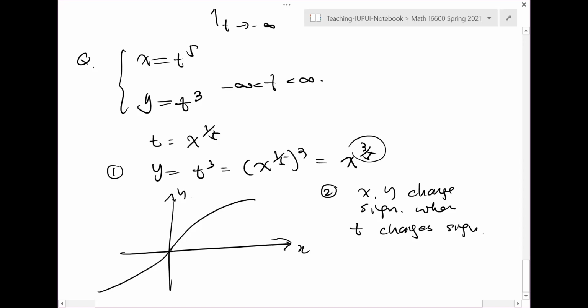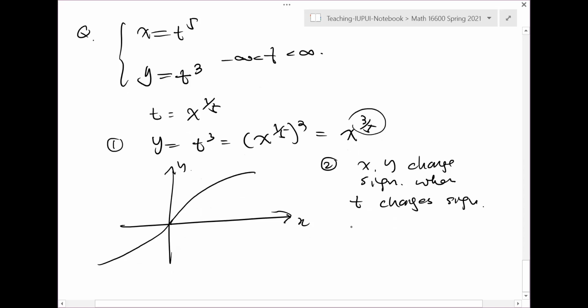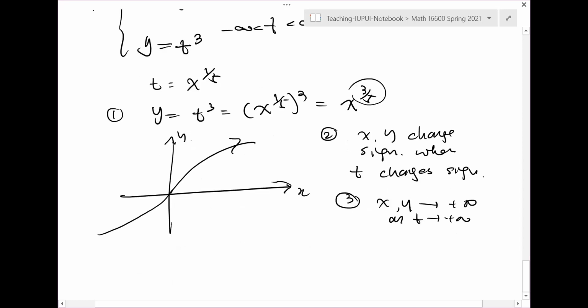Also, both x and y go to positive infinity as t goes to positive infinity, and go to negative infinity as t goes to negative infinity. So I think this is the whole graph, from negative infinity to positive infinity.